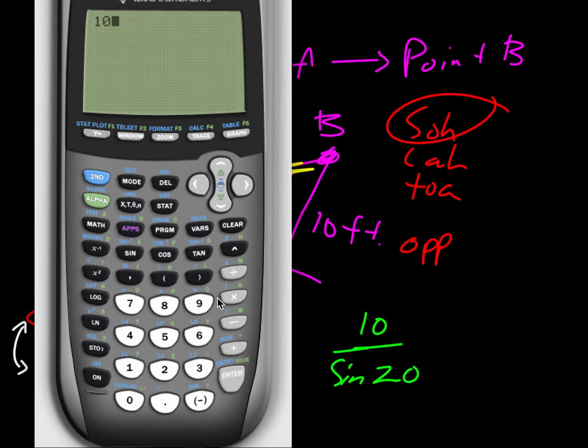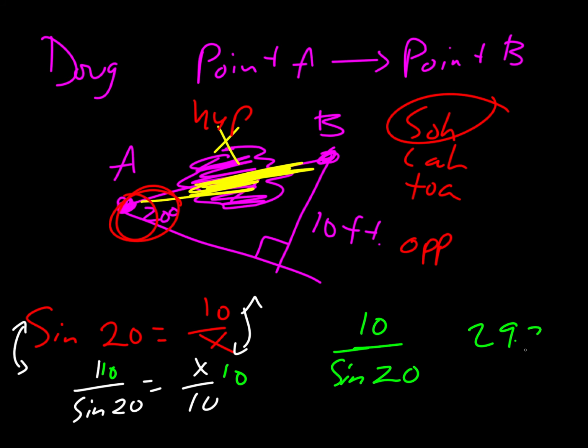So we get 10 divided by sine 20, and 29.2 feet. That's how long the hypotenuse is, or how far from point A to point B would have been.